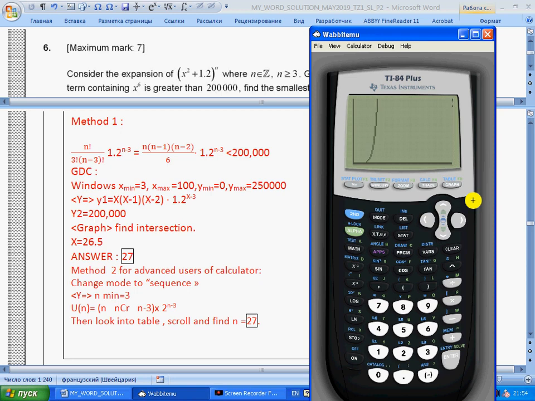So this is our sequence in terms of x, and finally it should draw a line 200,000.